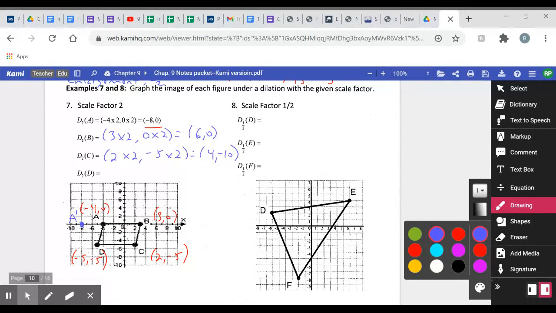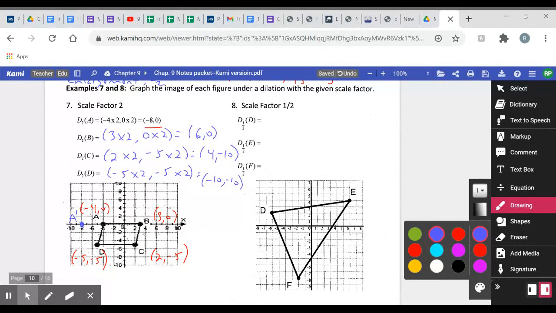And my original D is -5, -5, so I've got -5 times 2, and -5 times 2 again. That gives me -10, -10.